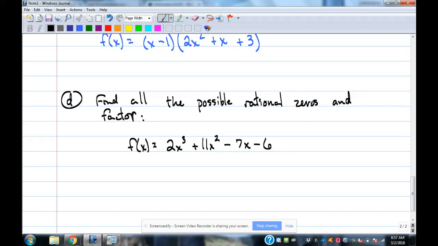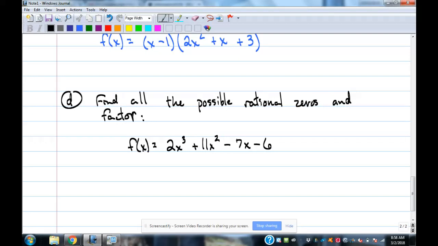Why is grouping the way to do it? There are 4 terms. If there are 4 terms, grouping is the way you would try. What we run into here is that if I group the first 2 together, the only GCF there is x squared. And if I pulled out a GCF of -1 here, I don't end up with it working. Then it doesn't work. So that's why we need synthetic division and all that, because grouping is wonderful if it works. So that's always an option, but it doesn't always work.